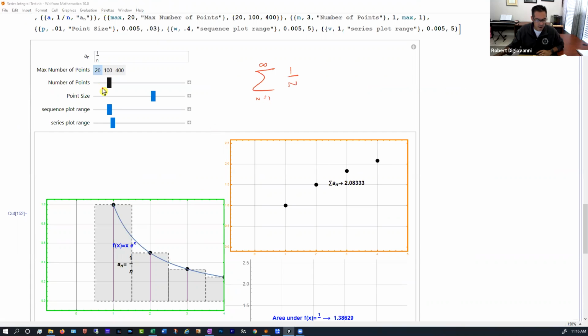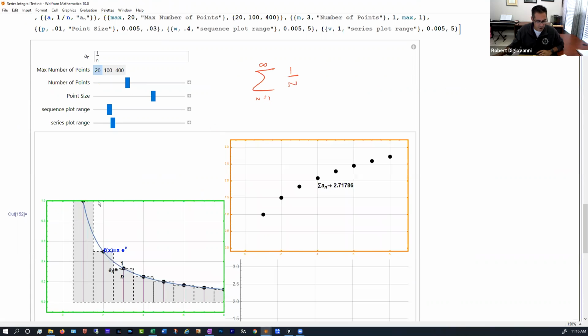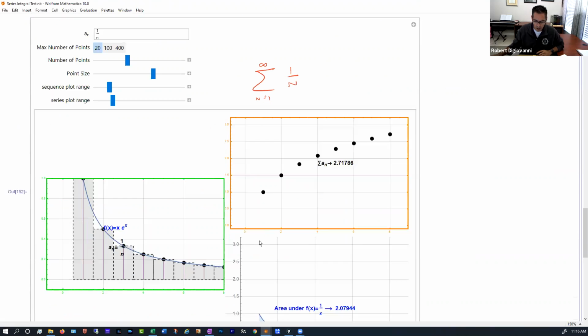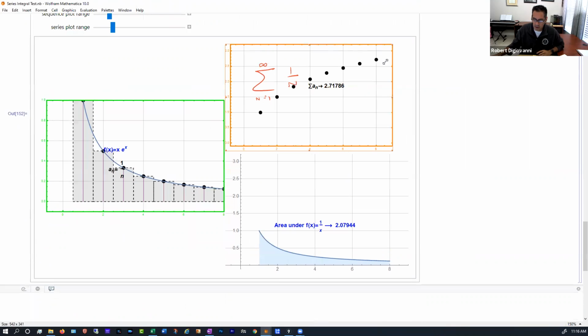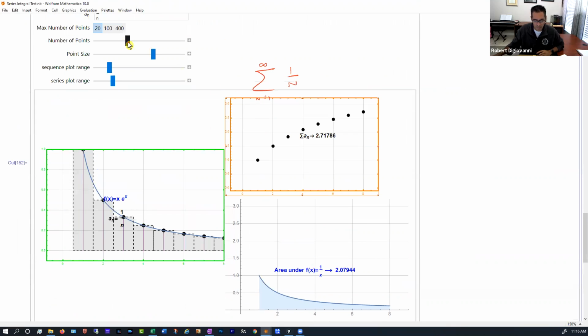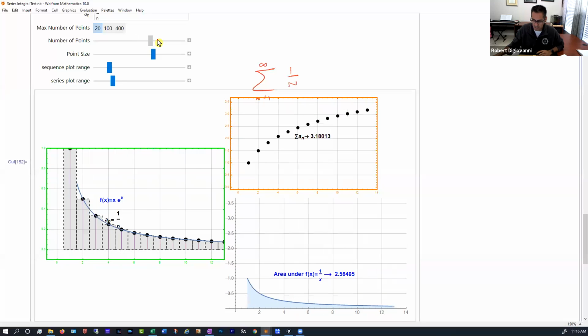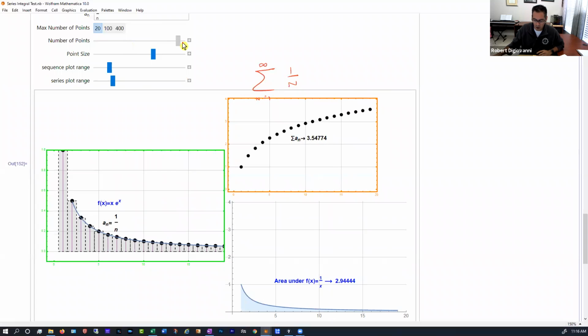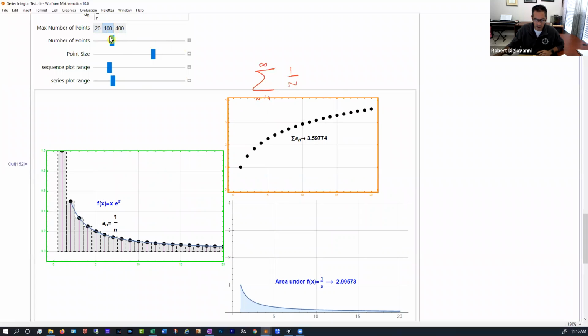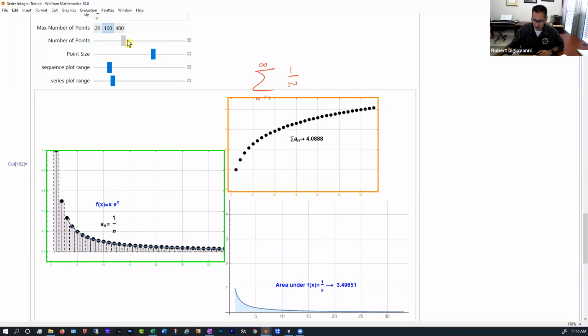But you can see here that as I start going out to the right, I'm looking at those areas and I'm comparing to the area under this curve. And if I go out further, watch what happens to this area. This area keeps on growing. Now I have to go out pretty far. And again, I'm slowing my computer down here, but I can just keep going.